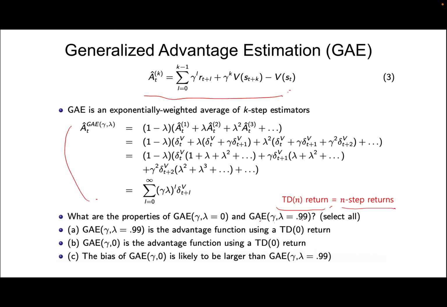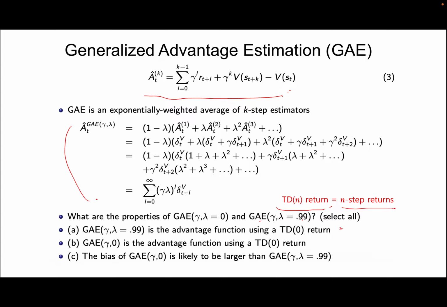The first one: GAE with lambda equals 0.99 is the advantage function using a TD(0) return. Does anybody think the first one is correct? Raise your hand if you think it's correct.